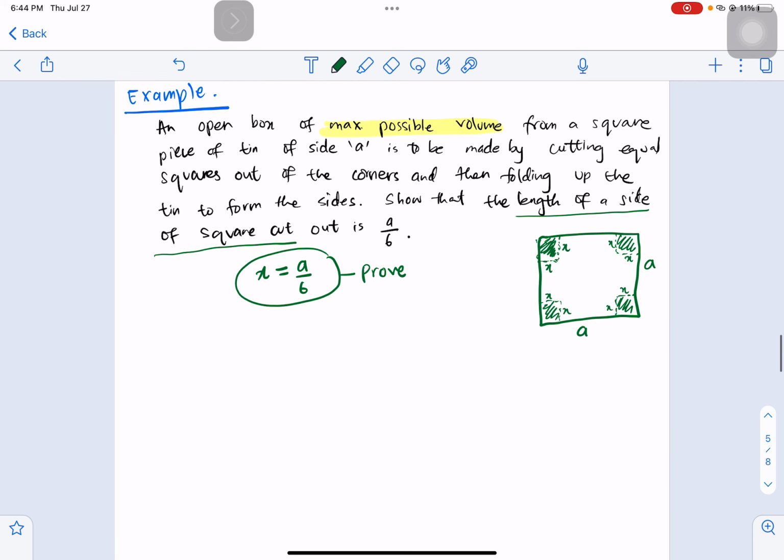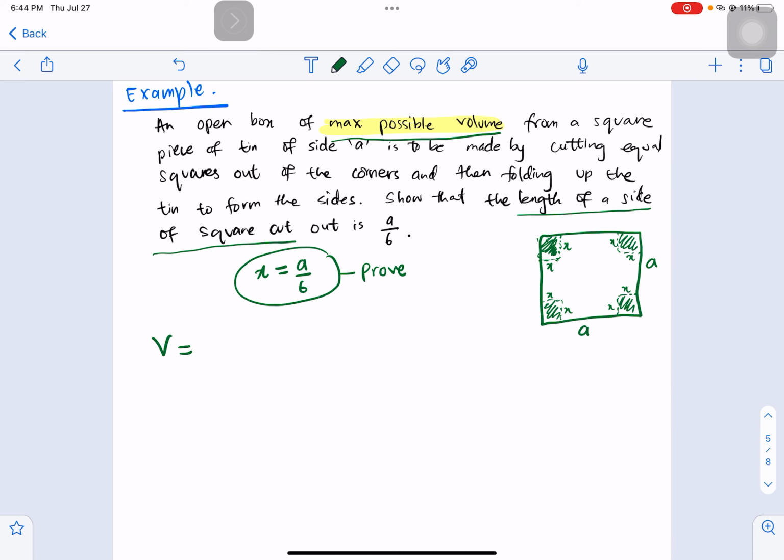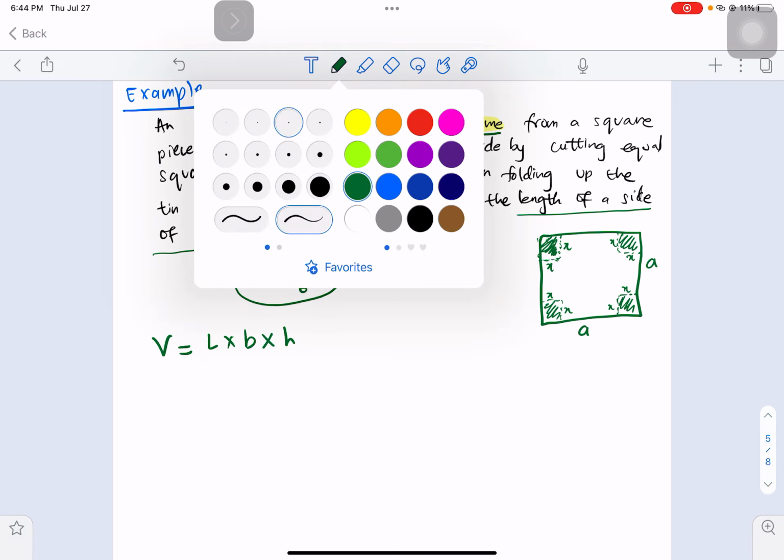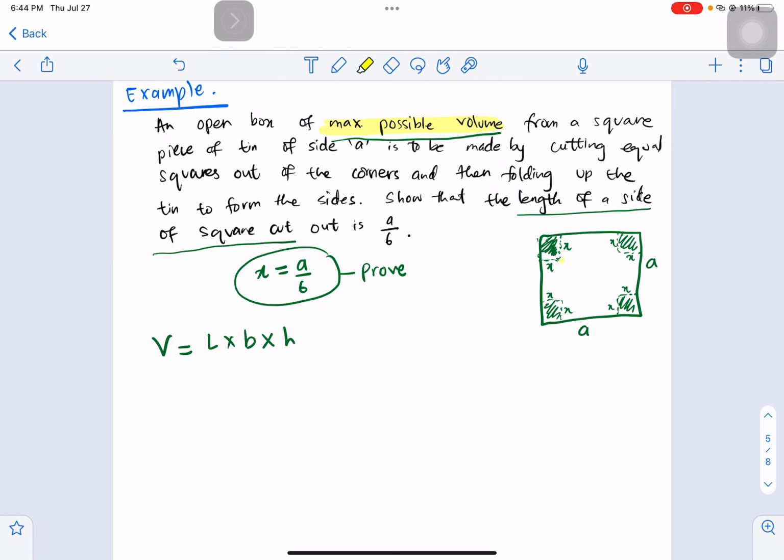Since my main equation is volume, the volume of this box would be length times breadth times height. Since the base is a square shape, length and breadth will be equal.